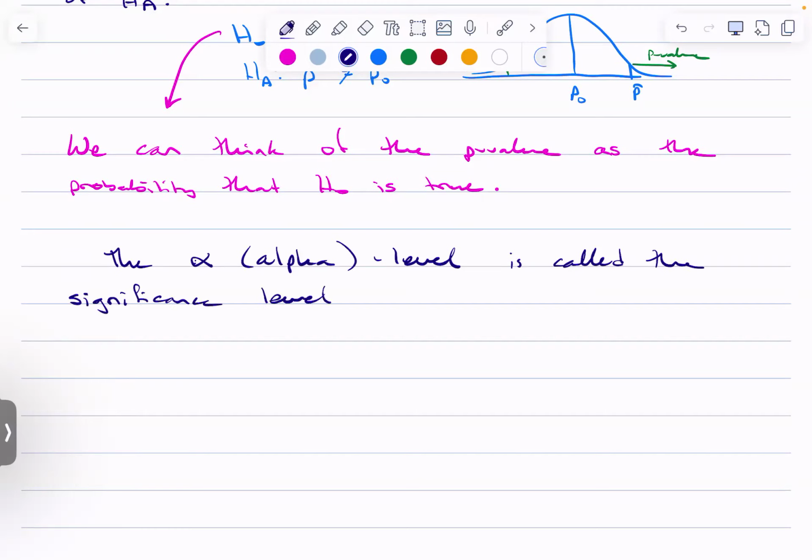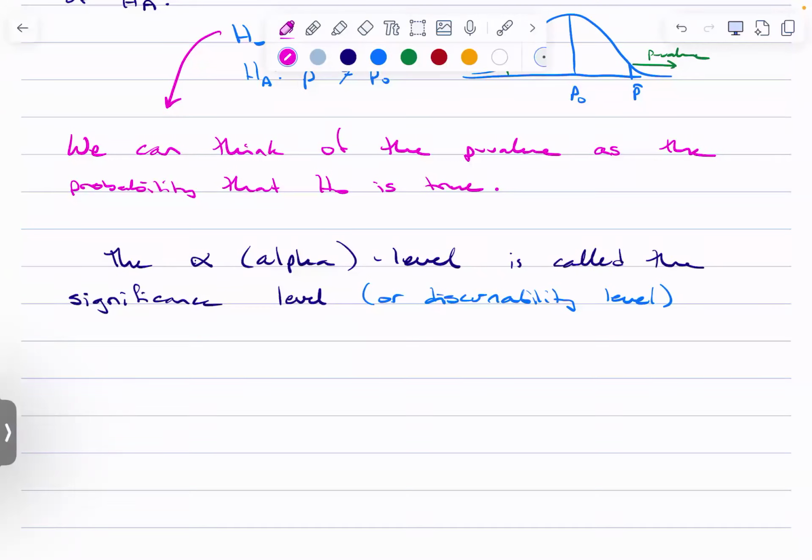There's a move towards calling it the discernibility level, but I think that's really confusing, probably mostly for myself, because I've called it the significance level all my academic life. So I'm going to keep calling it the significance level. I will add it here though, discernibility level. So the alpha level is the significance level.